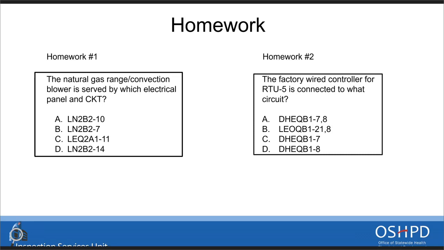I'll just start off by saying, we remember there was an enlarged kitchen plan, and so that's probably where we want to start. On the homework number two question, the factory wired controller for RTU, rooftop unit 5, is connected to what circuit? Again, we're probably going to look at the roof plan for that one.